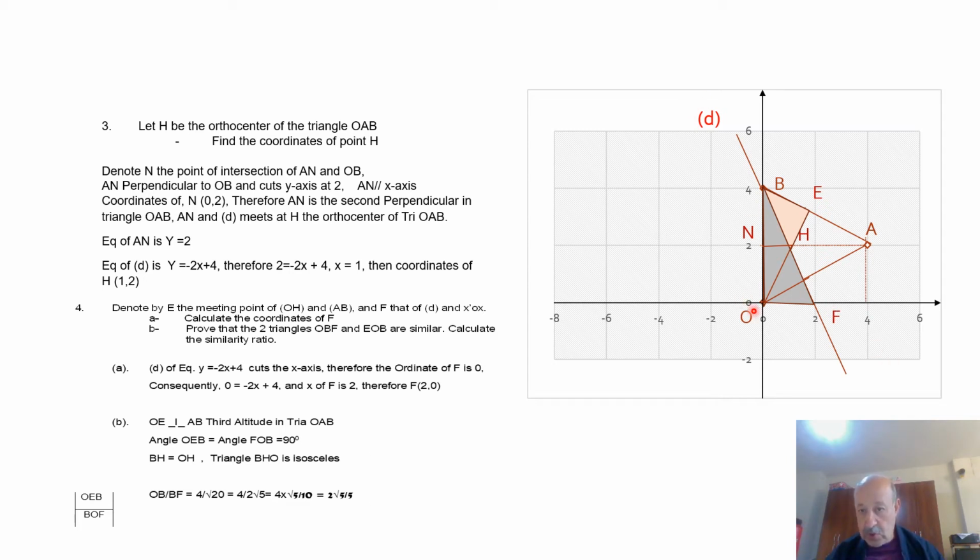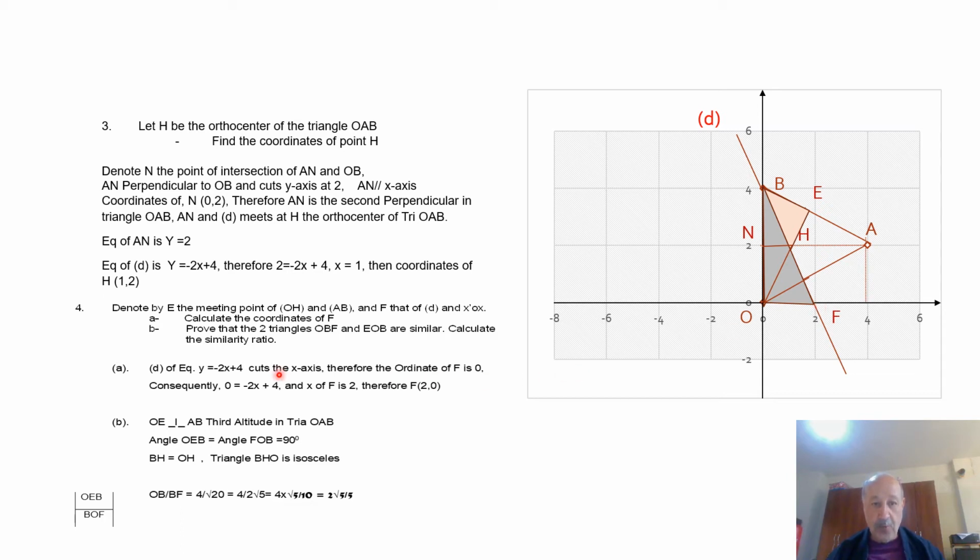D cuts the x-axis in F, so the ordinate of F is 0. We know straight away that 0 is the ordinate of F. To calculate the abscissa of F, we put 0 in the equation for y and solve for x. X becomes 2. So the coordinates of F are 2 and 0. That's it.